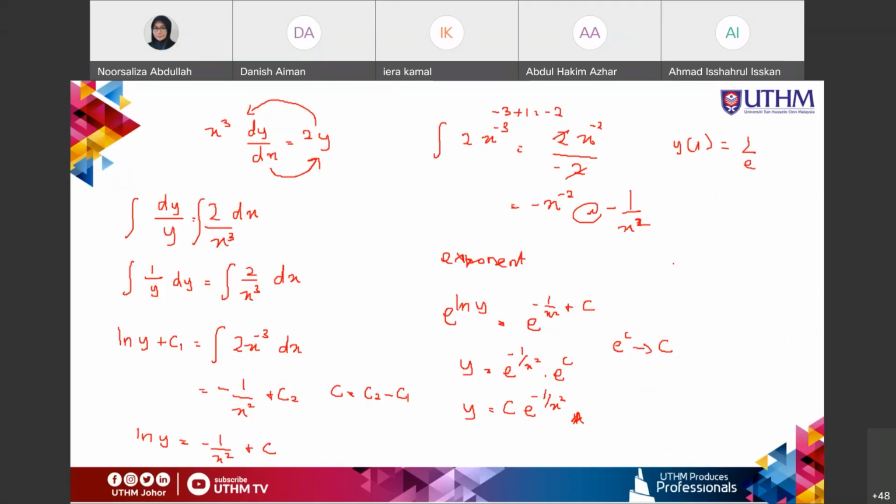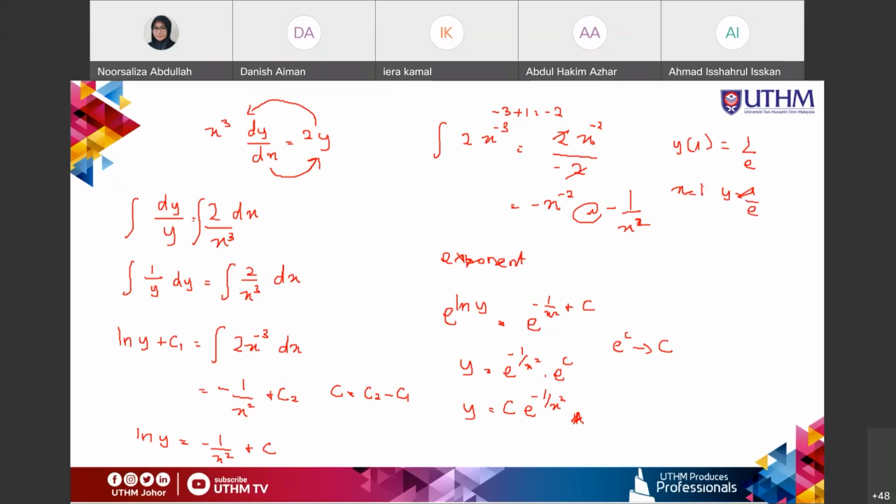So, if you are given the initial condition, you have to find what is C. Ingat, if you are given the initial condition, then the question wants you to find what is C. So y1 equals to 1 over e, which means when x equals to 1, y equals to 1 over e.